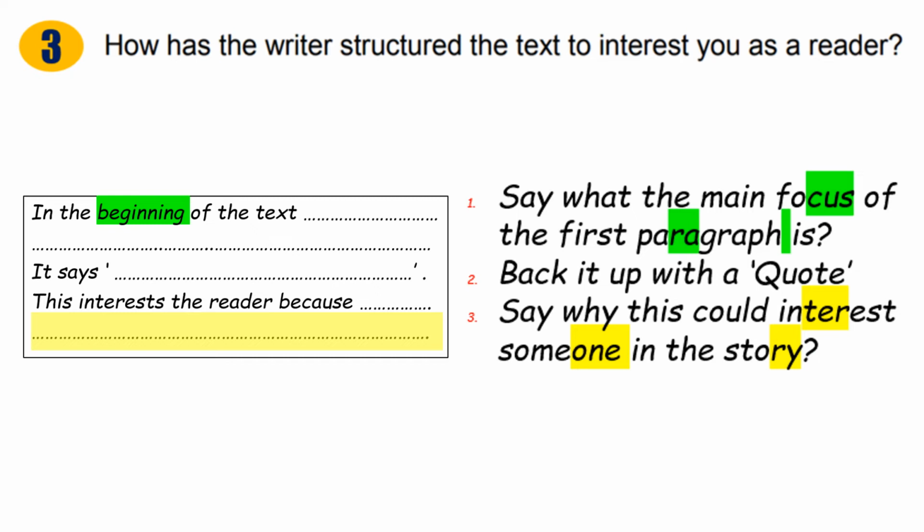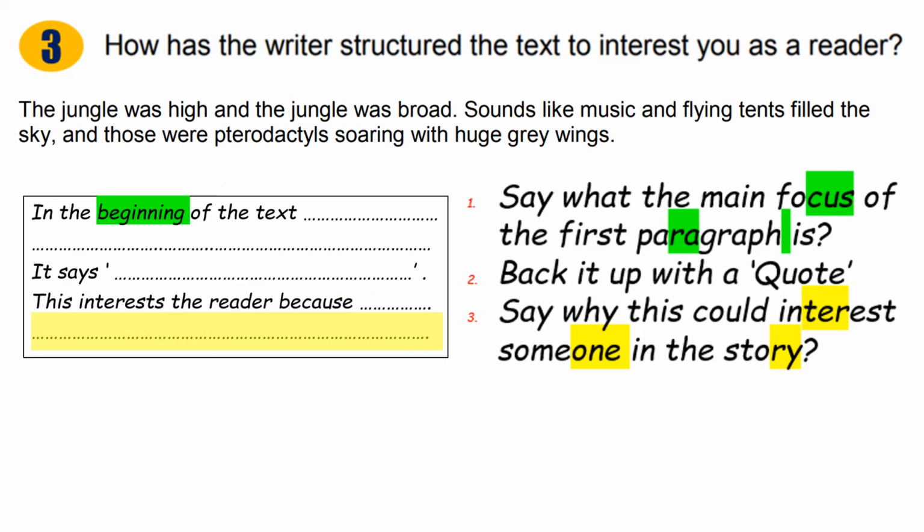So let's look at the first paragraph, or the beginning of this extract that we've been given, and we've already read it for question 1. The jungle was high, the jungle was broad, there were sounds of music and flying tents filling the sky, and those were pterodactyls soaring with huge grey wings.